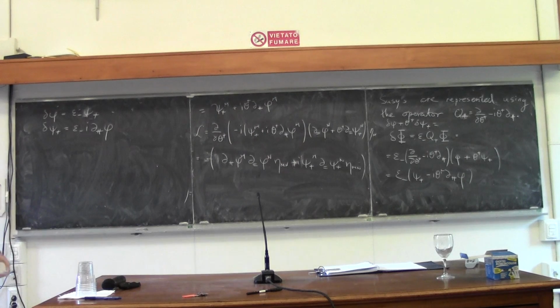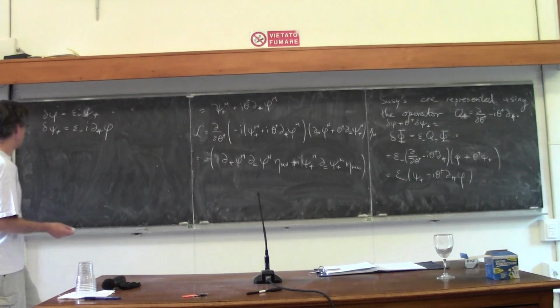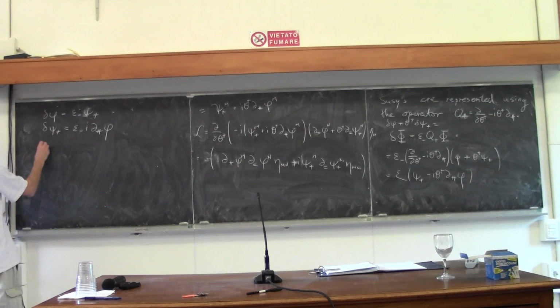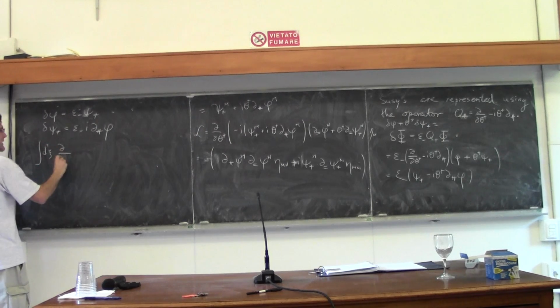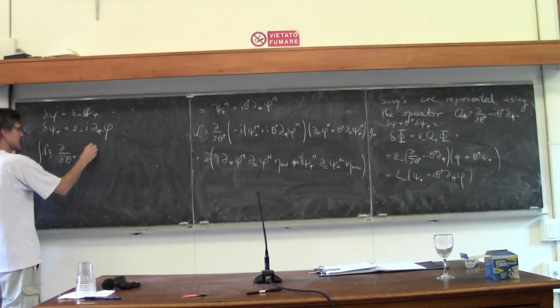Why does this give me the possibility to construct actions which are automatically supersymmetry invariant? Well, we're writing an action which looks something like this.